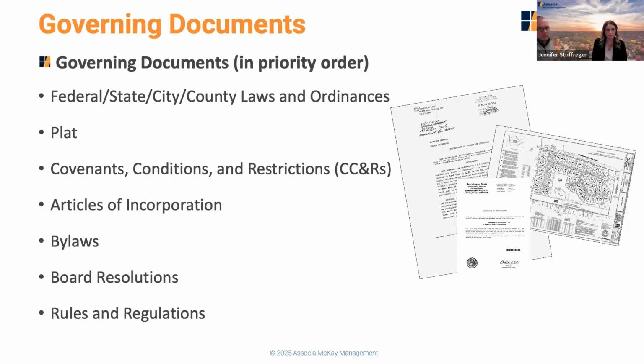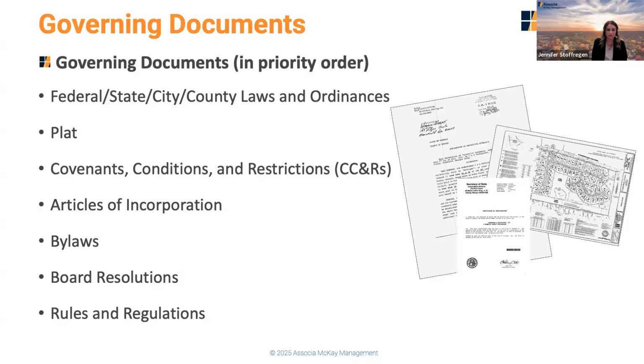As far as your articles of incorporation, you want to imagine your association as a business, because essentially it is. These are all registered as corporations with the federal and state governments. And so the articles of incorporation is just the creation of that business.